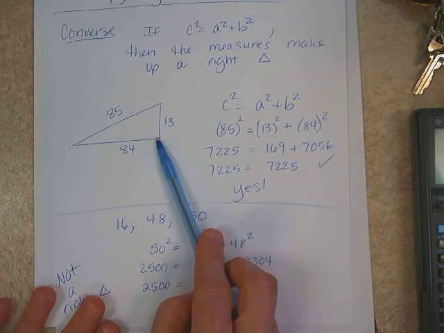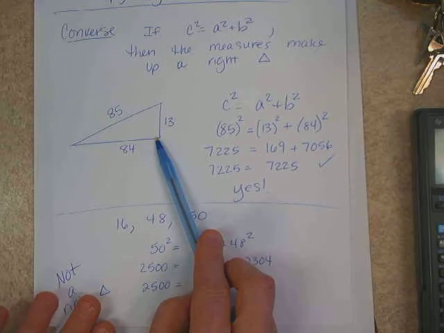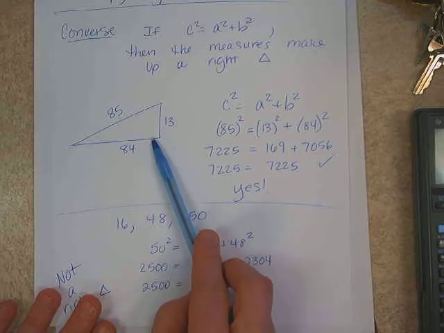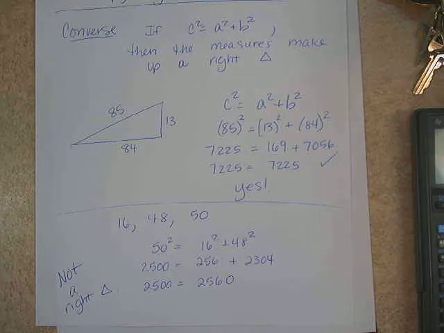Because remember, c is across from the right angle, yes? Well, what if that right angle were bigger? What would happen to c? If I opened up that right angle wider, c is going to have to be longer, right?